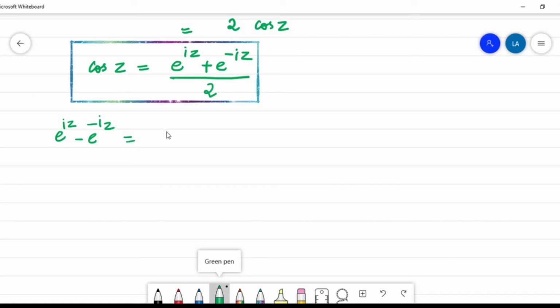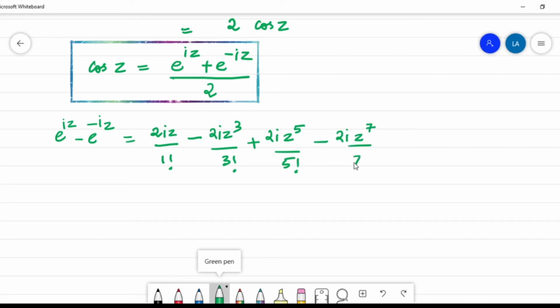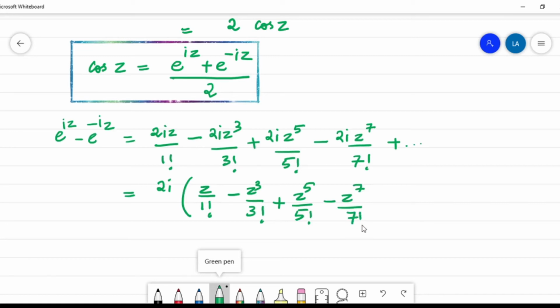When you calculate, you get 2iz by 1 factorial minus 2iz cube by 3 factorial plus 2iz raised to 5 by 5 factorial minus 2iz raised to 7 by 7 factorial plus etc., which is equal to, taking the 2i out, z by 1 factorial minus z cube by 3 factorial plus z raised to 5 by 5 factorial minus z raised to 7 by 7 factorial plus etc., which is equal to 2i into what is in the braces, which is nothing but sine z.